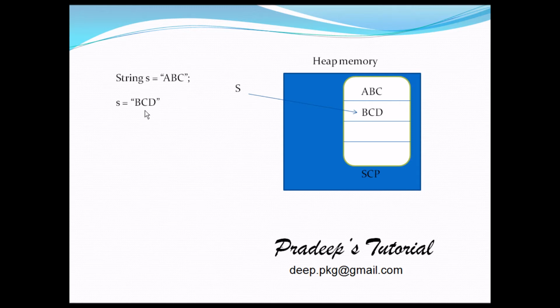Again, if we have somewhere s1 equal to "abc", then instead of creating "abc" again, we can use this one. We'll see the advantage of that in the advantages part. So if we create s1 equal to "abc", then s1 will point to this "abc". It will not be recreated. Now s points to "bcd". So what will happen if I print this? The output will be "bcd", because s is pointing to "bcd".